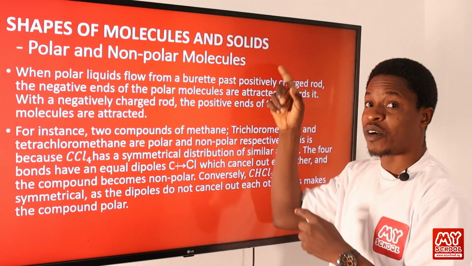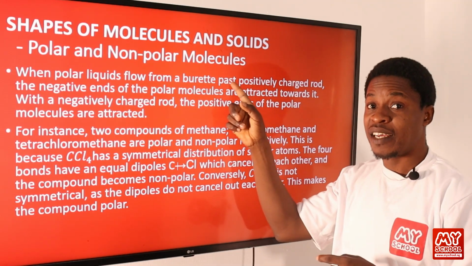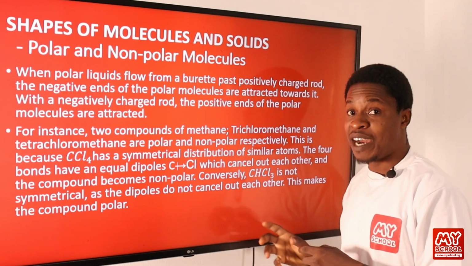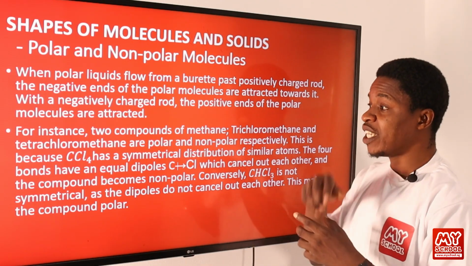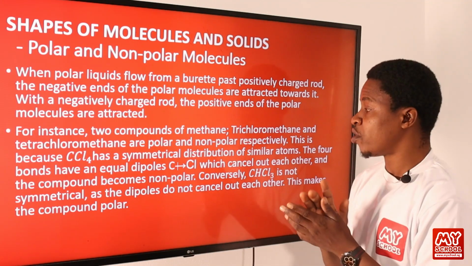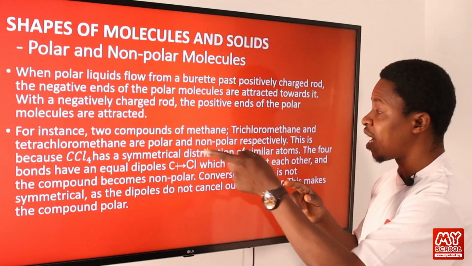So we have 1 chlorine above, 1 chlorine by the left side, 1 chlorine atom by the right, and 1 chlorine atom below it. So we have the 4 evenly distributed. That makes it a symmetrical distribution of similar atoms attached to that carbon atom.